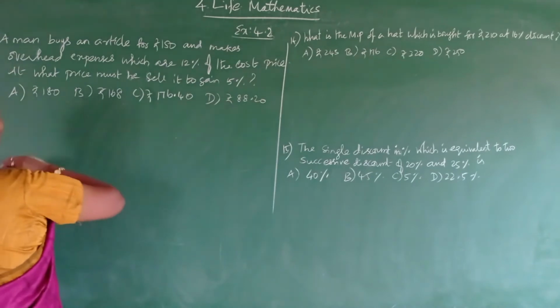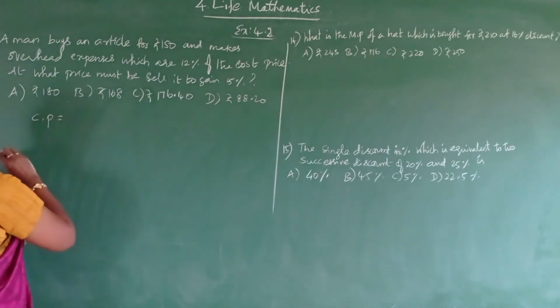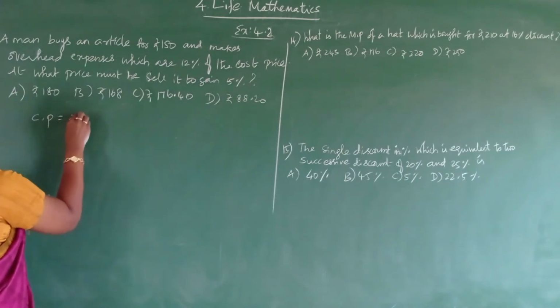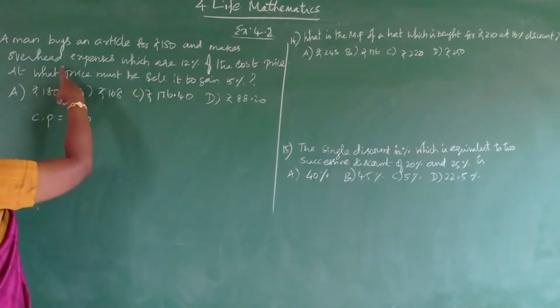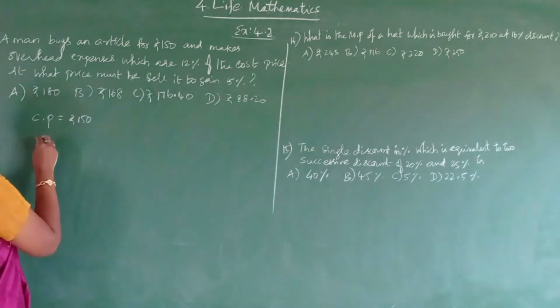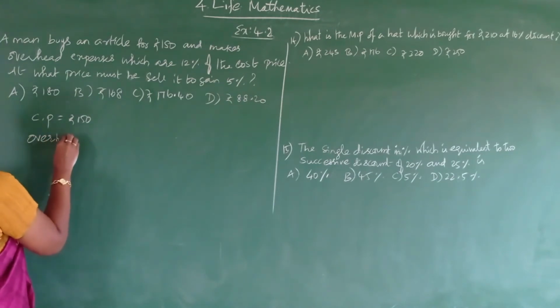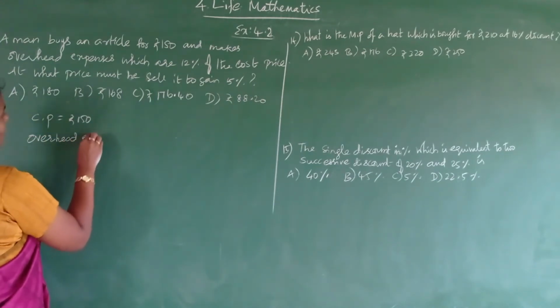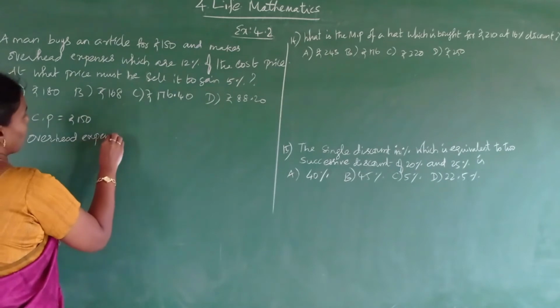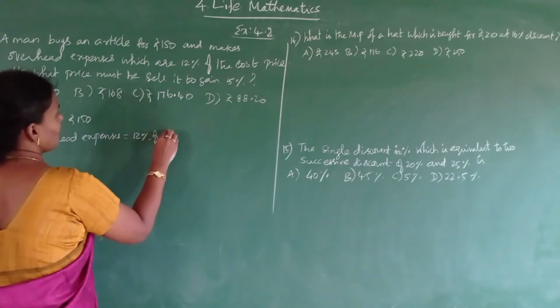So what is the cost price? CP. What is given in this question? CP is rupees 150. Here overhead expenses are 12%. Okay? So overhead expenses means you find out that amount of overhead expenses. That is equal to 12% of CP.